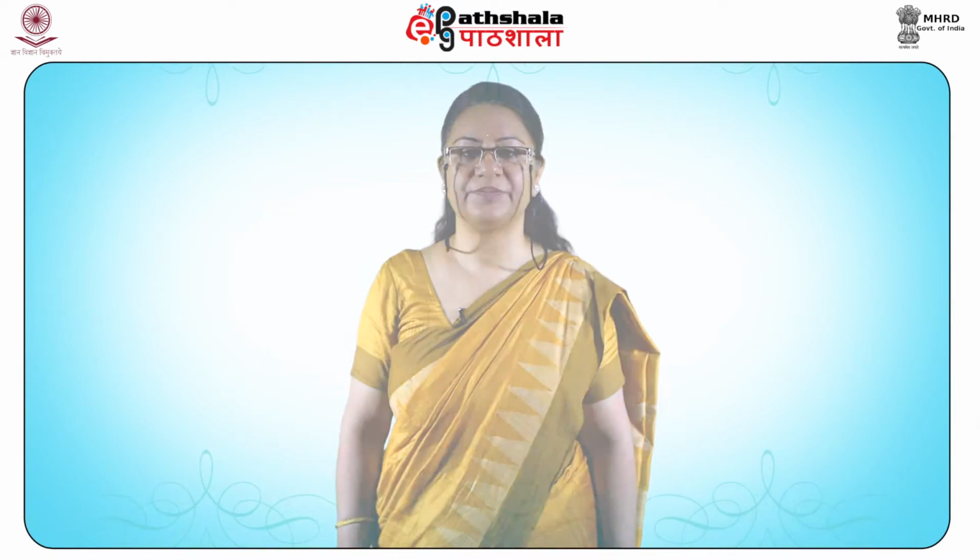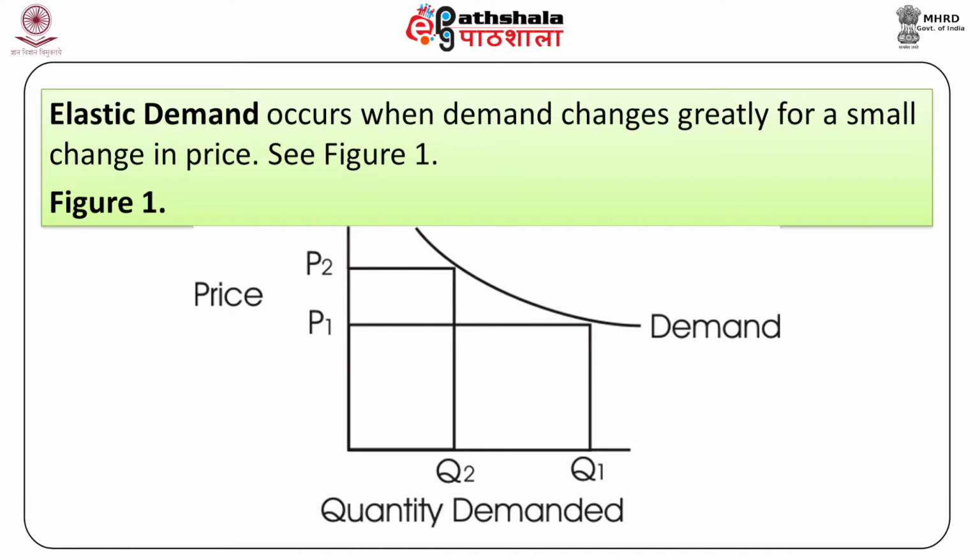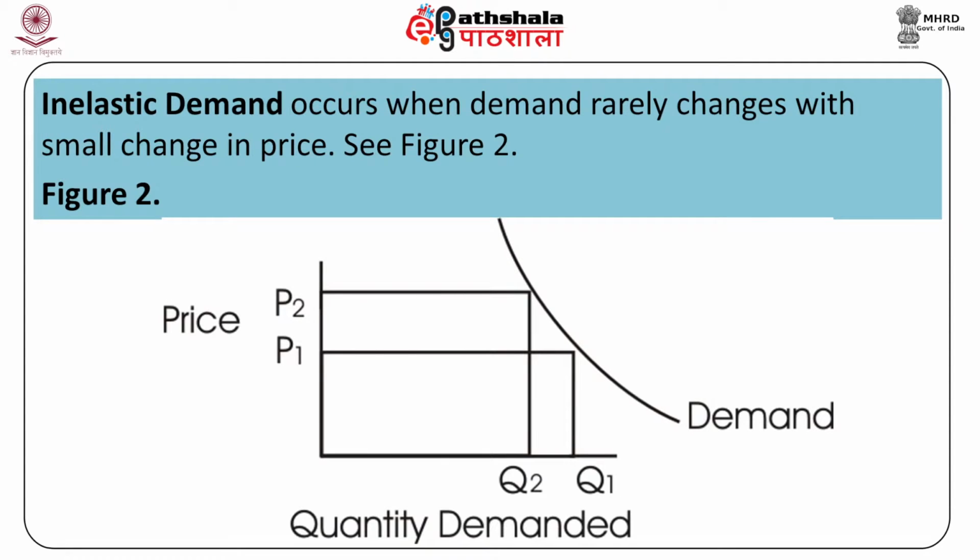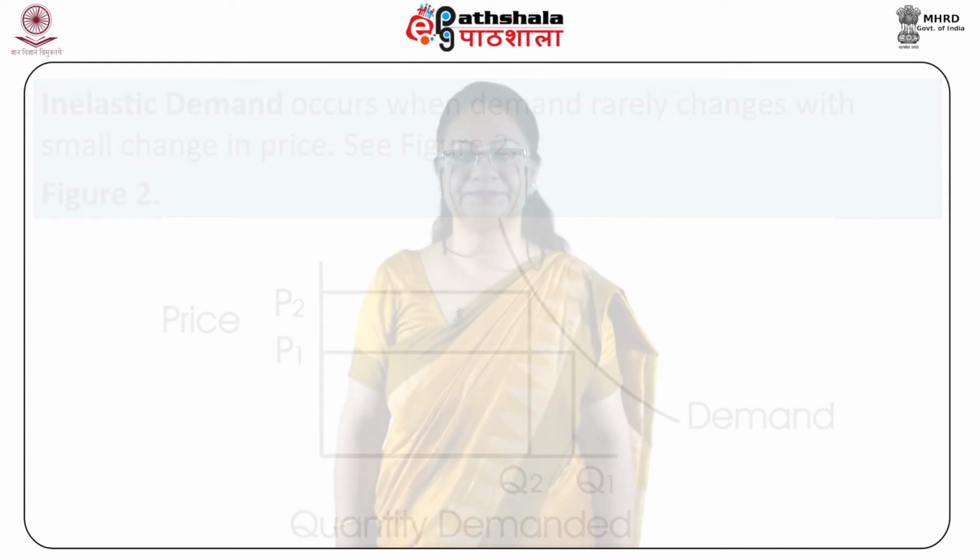Elasticity of demand illustrates the response of demand to a change in price. Elastic demand occurs when demand changes greatly for a small change in price, and inelastic demand occurs when demand rarely changes with small change in price.